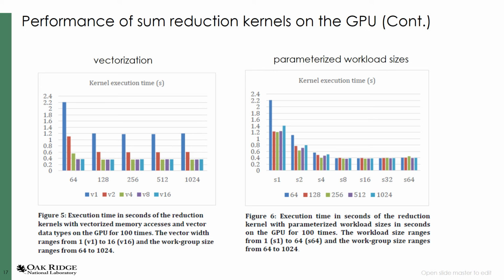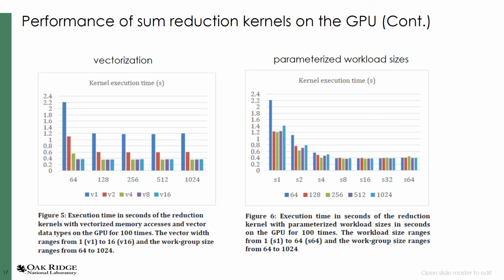When the vector width increases from 8 to 16, the kernel execution time increases slightly by 1.2% on average. The minimum time is approximately 360 milliseconds when the workgroup size is 1024 and the vector width is 4.